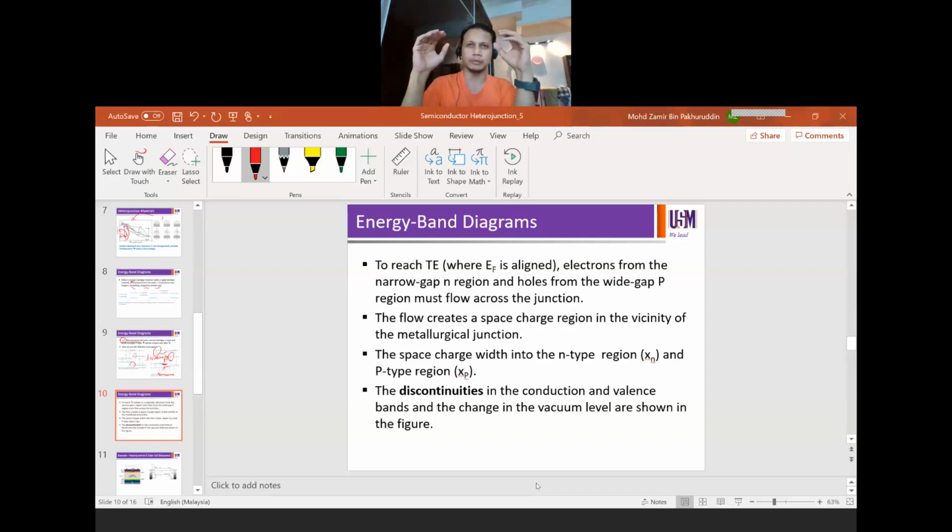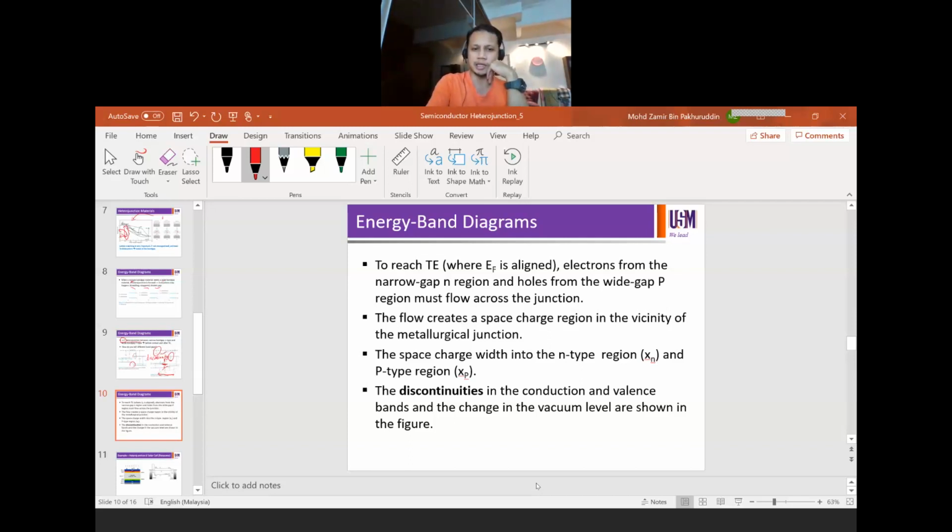The moment you join them together, they experience diffusion of majority carriers from one side to the other side. Then thermal equilibrium is established, similar to this heterojunction concept. So the flow creates a space charge region in the depletion width.